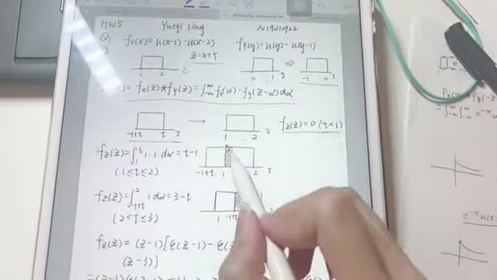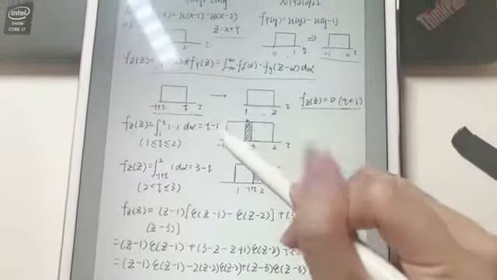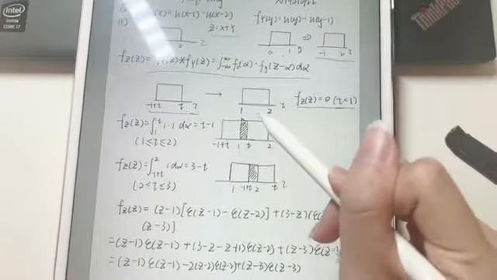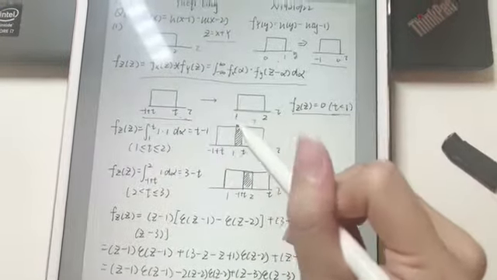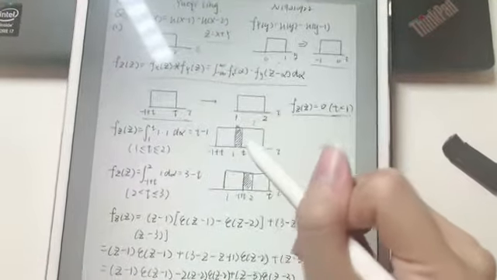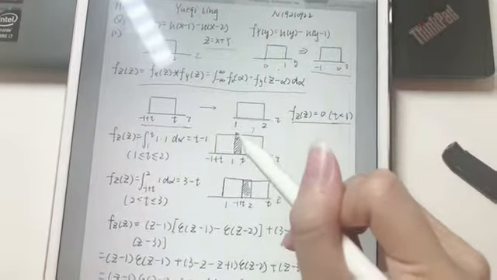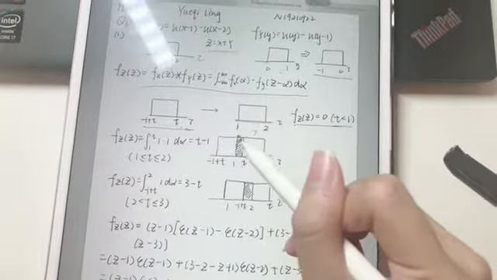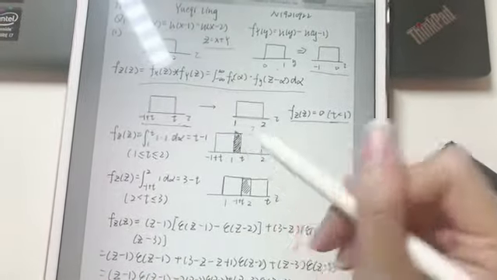When t is larger than 1, these two functions will have an overlapping area, the shaded area.